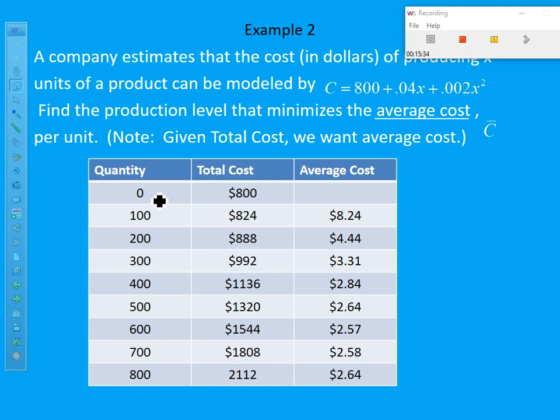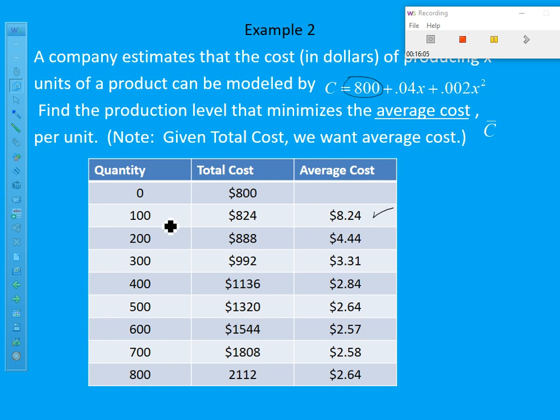If you sell no units, you're still out $800 for your rent, your utilities, whatever that you've already invested in this business. If you sell 100 units, I went ahead and plugged 100 into this, and it came out to be $824 as your cost. And then I went 824 divided by 100 to get the average cost to be $8.24.